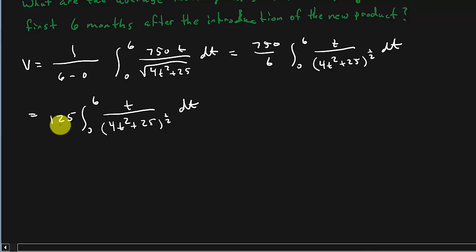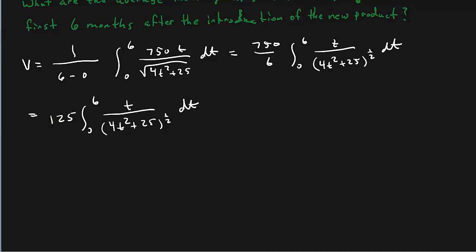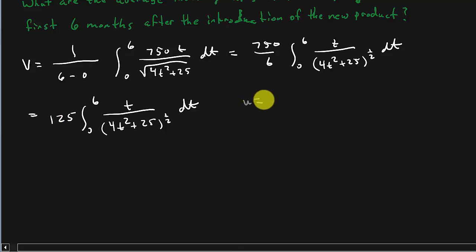So you can see this is going to be basic u substitution. I'm going to let u equal 4t squared plus 25, so du is 8t dt. Now I have to make my substitution. For the 4t squared plus 25, I'm going to plug u in there.